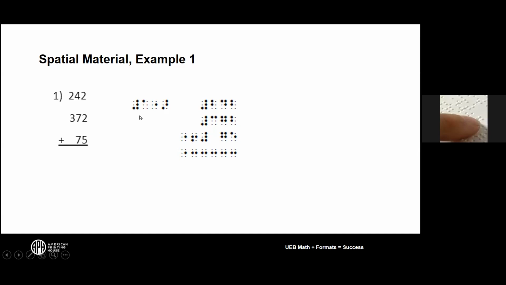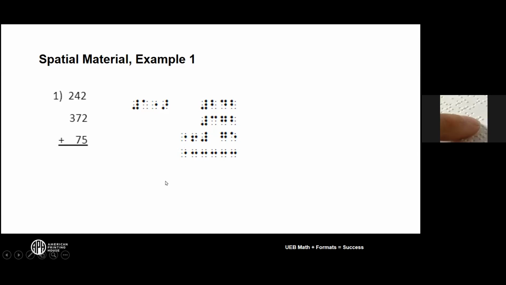The reasoning is that the Braille reader gets to go across the whole first line and say, okay, this is item number 1, here's my first part of it, and if they keep reading, the Braille reader would also get the information that this is an addition problem. They wouldn't have to read a whole other line to learn that, because we know the Braille reader is not looking at this whole thing all at once the way that the print reader might be.